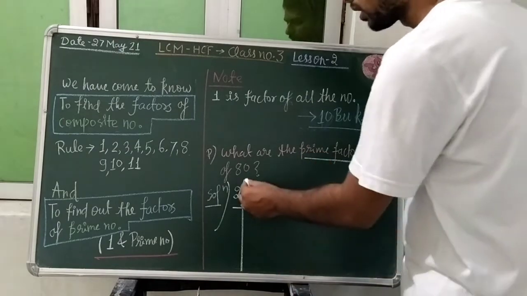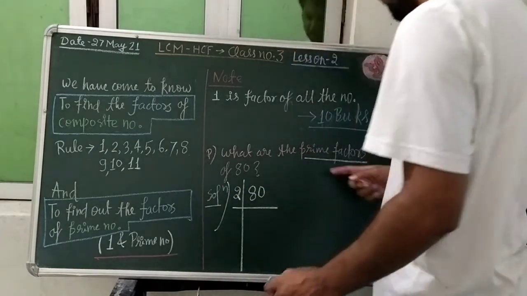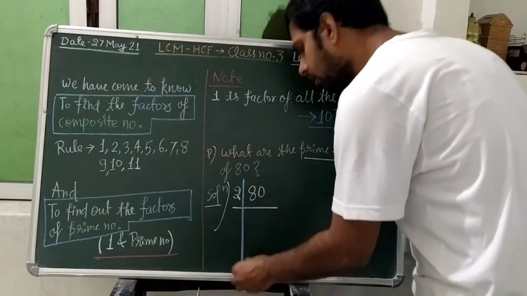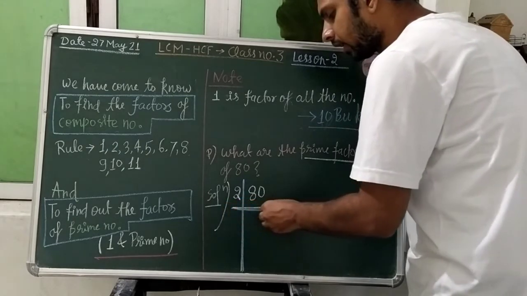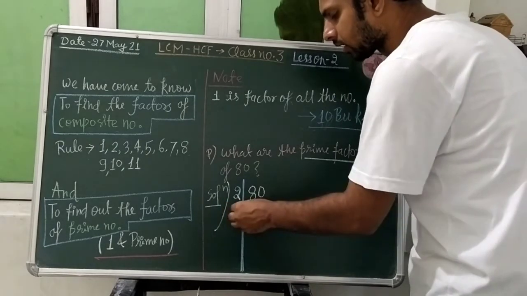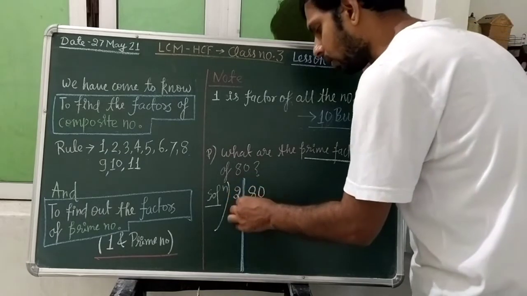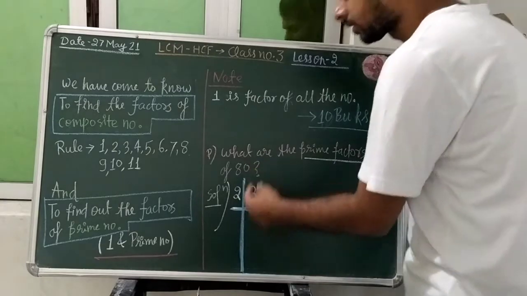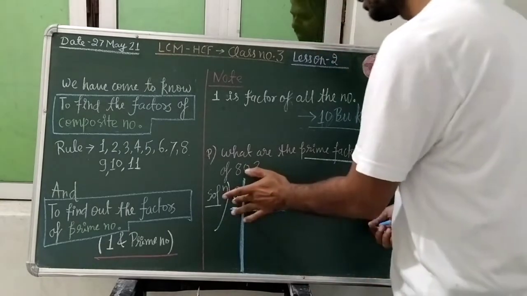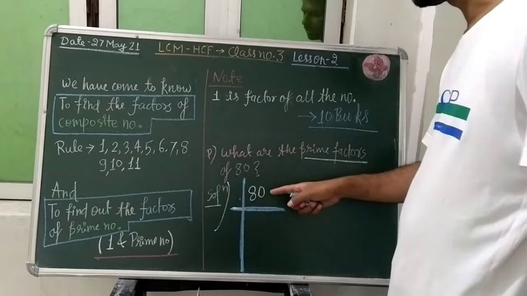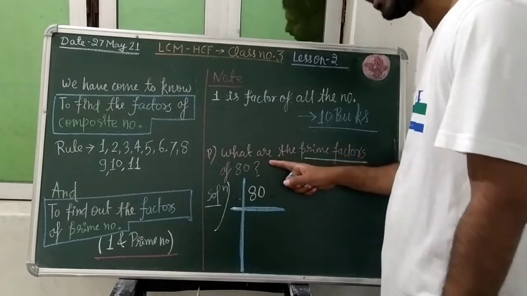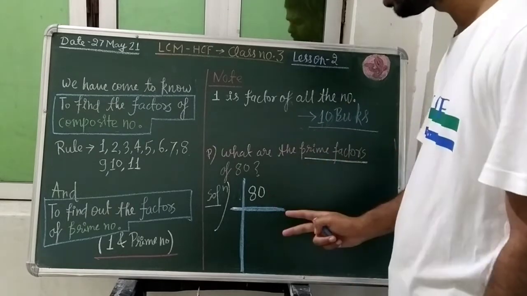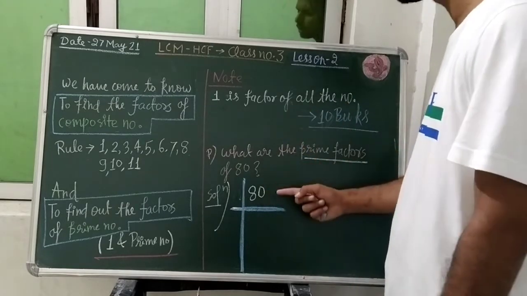So look students, for getting the prime factors, we shall draw the vertical and this is horizontal. This will be called our horizontal line and this will be called our vertical line. We will make something like this, and here we will write whatever number is given in the problem, and after that we shall start from 2 and look whether 2 is going to divide this number.